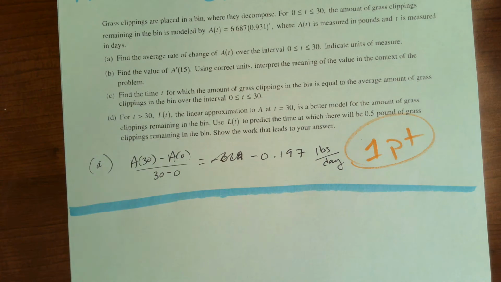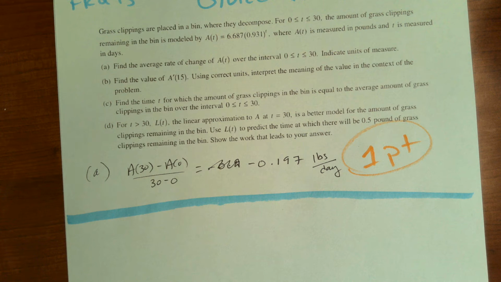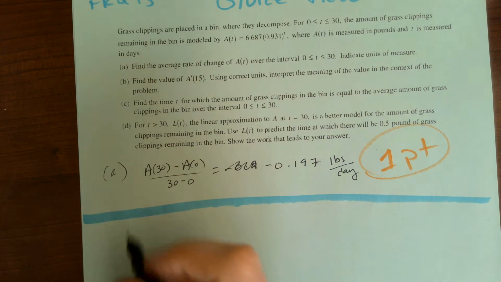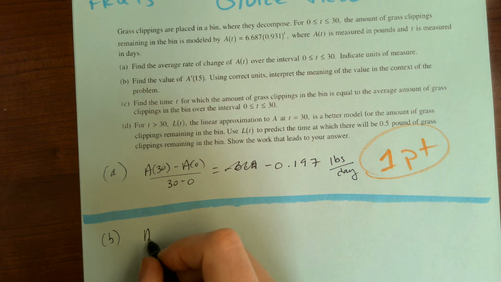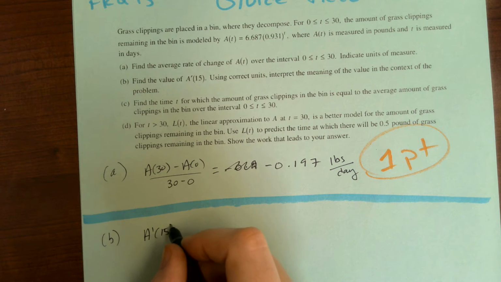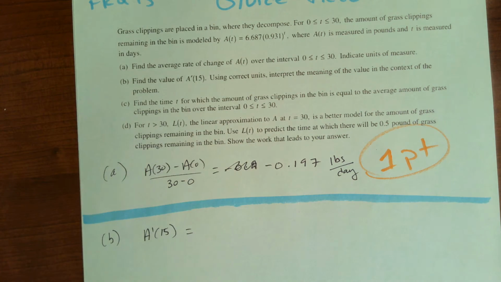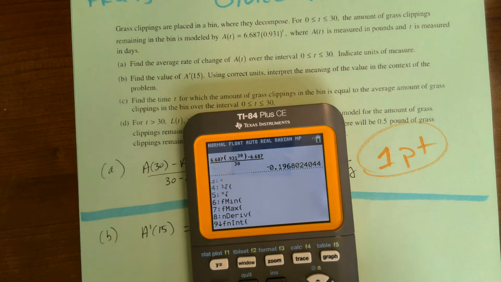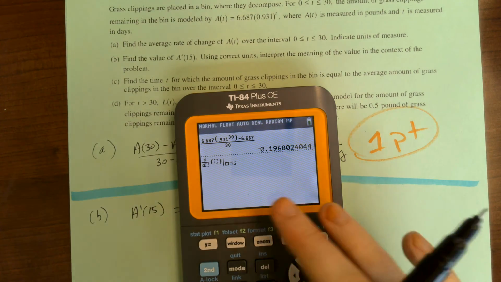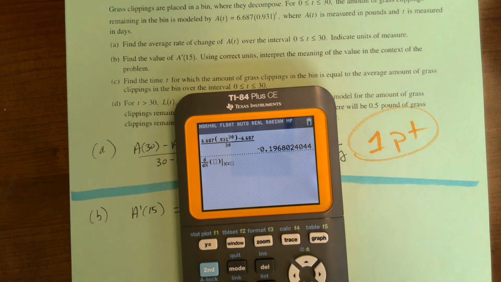Okay, part B, find the value of A prime of 15. Using correct units, interpret the meaning of the value in the context of the problem. Okay, this is the calculator section, guys, so use Math 8. I type the variable, which is x.